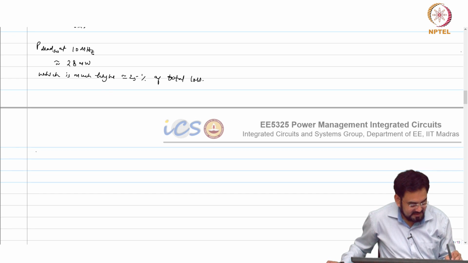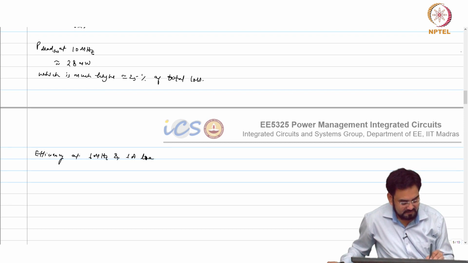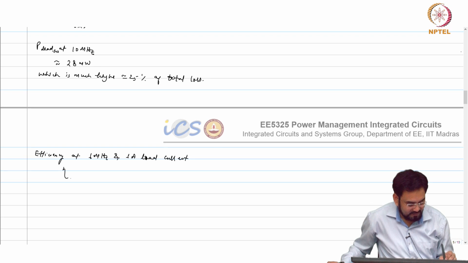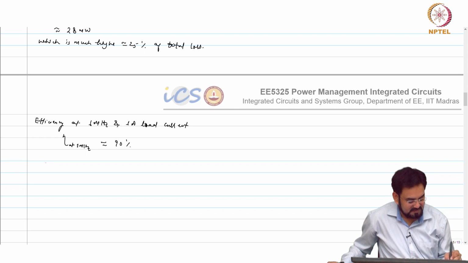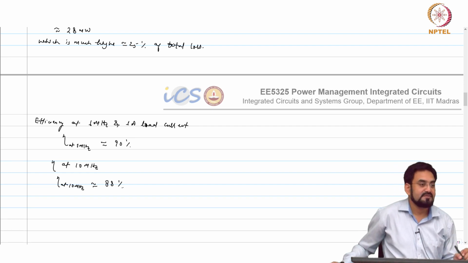So, your efficiency at 1 megahertz and 1 amp load current, I will say, is approximately 90%, and efficiency at 10 megahertz, okay.